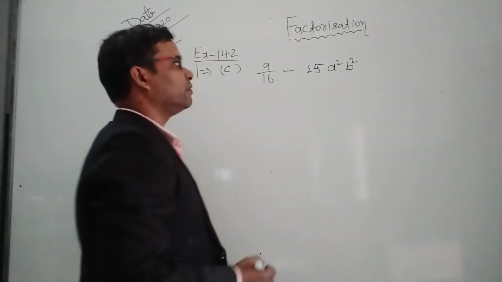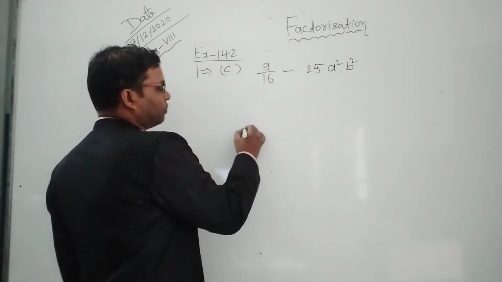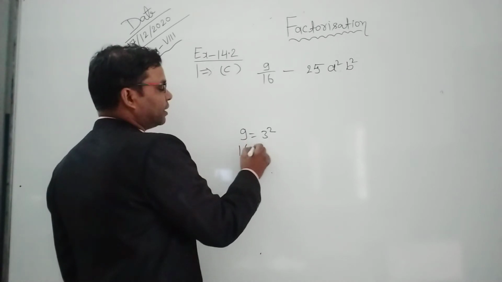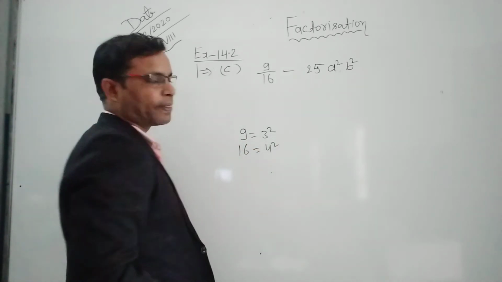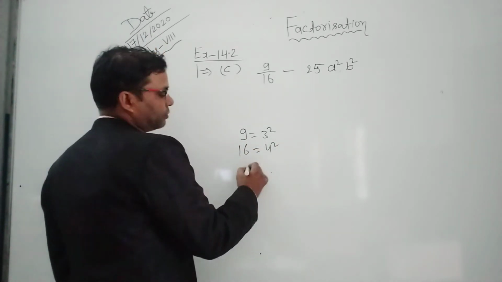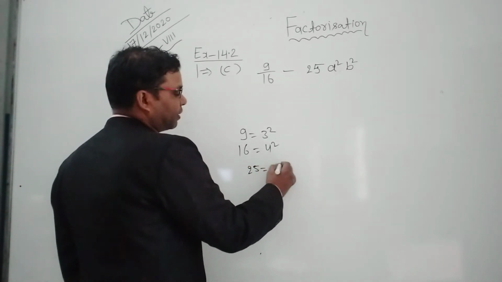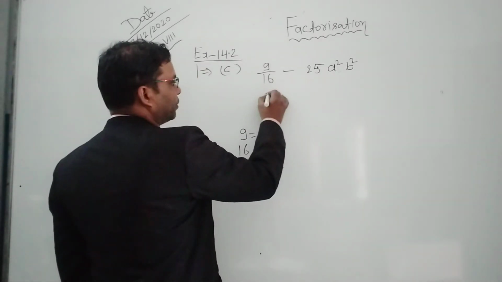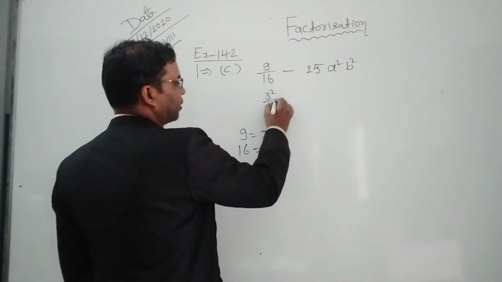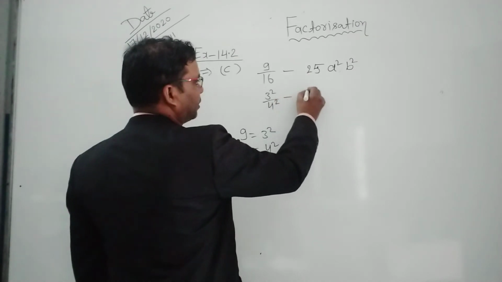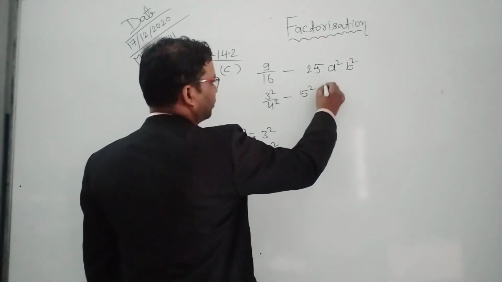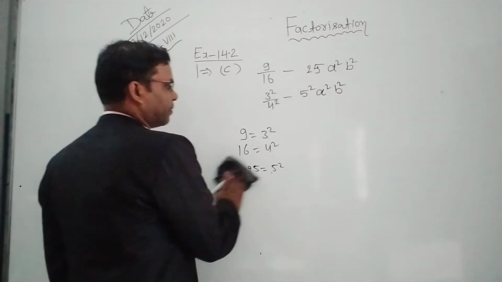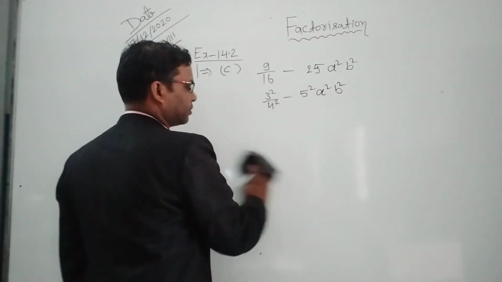Okay, students, you know very well 9 is equal to the square of 3, 16 is the square of 4, and 25 is the square of 5. So you can write here the square of 3 by the square of 4 minus the square of 5 a square b square.